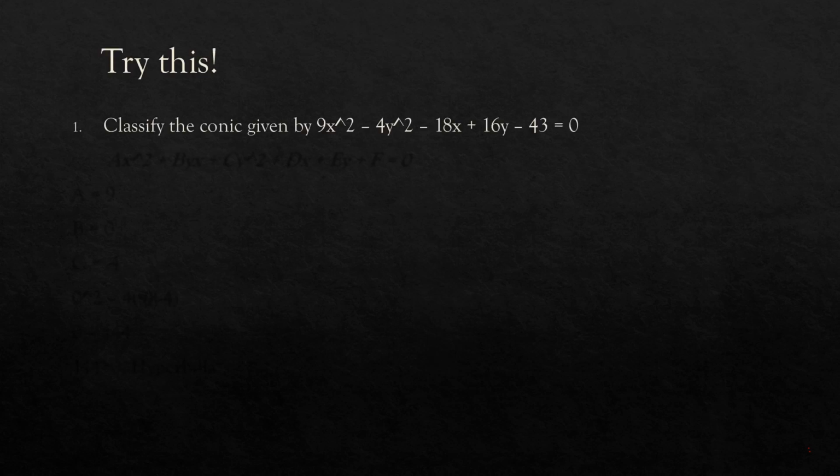Identify the conic given by 9x squared minus 4y squared minus 18x plus 16y minus 43 is equal to 0. The general form of the conic section is ax squared plus bxy plus cy squared plus dx plus ey plus f is equal to 0.